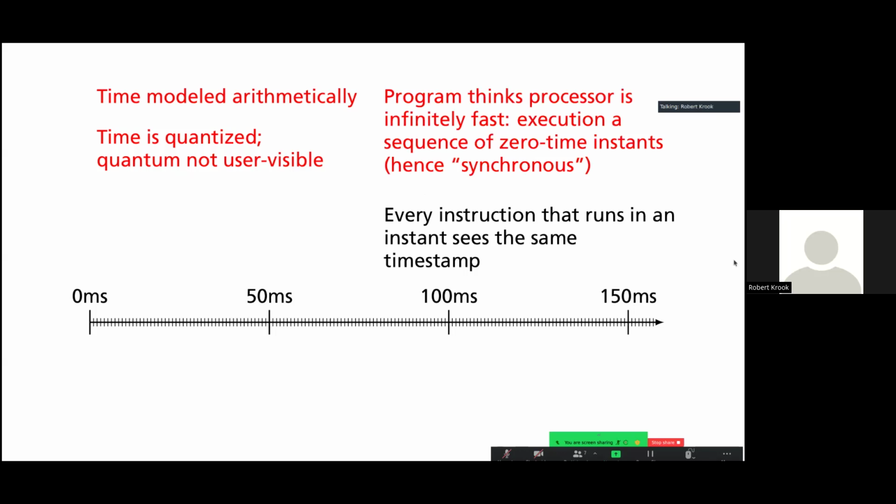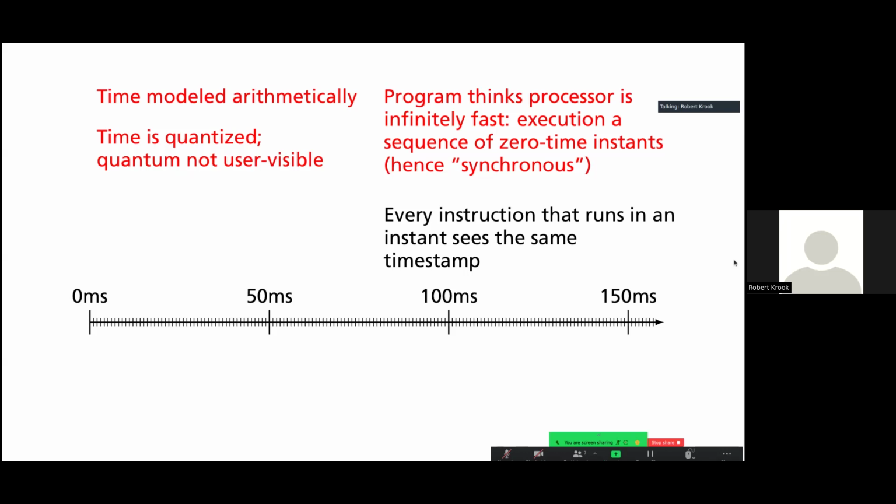Okay. Here's where the synchronous part comes from. This is a key engineering assumption that is, of course, unrealistic, but you can fake it. The program thinks it's running on an infinitely fast processor. So if you've got a sequence of instructions that run in an instant, they will all think they're running at exactly the same instant.